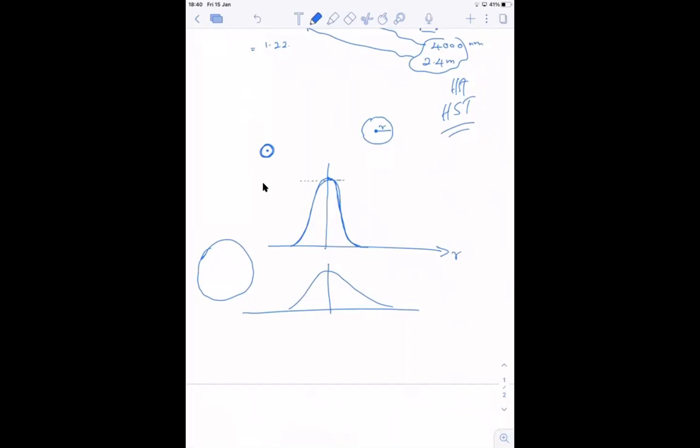And if there is more air turbulence and the weather is not good, this value normally goes up to higher values. For this one, the full width half maximum will be larger, right?